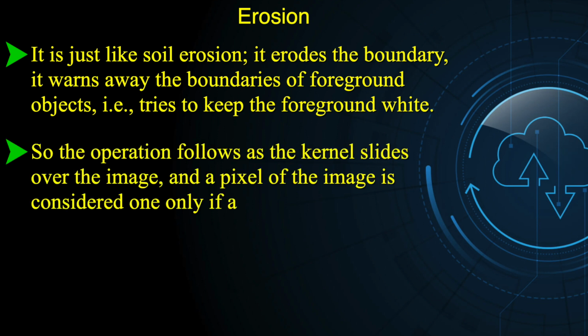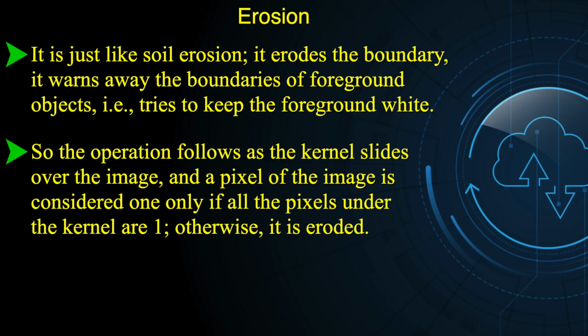In this operation the kernel slides over the image, and the pixels of the image are considered one only. If all the pixels under the kernel are 1, then the pixel is 1, otherwise it is eroded.